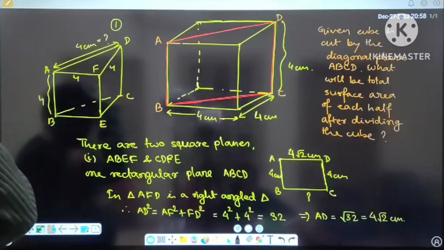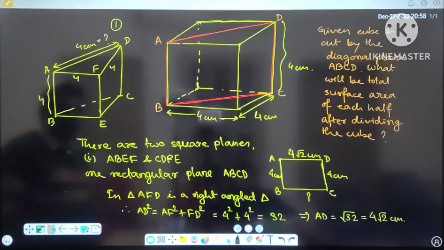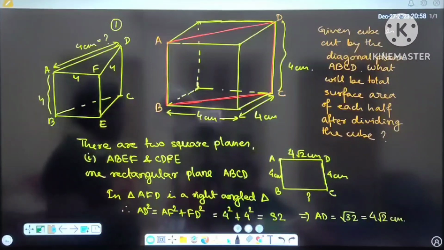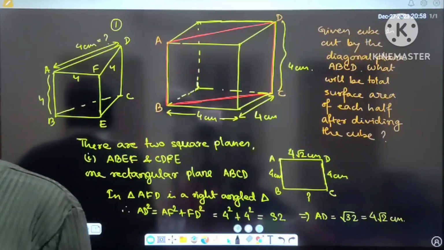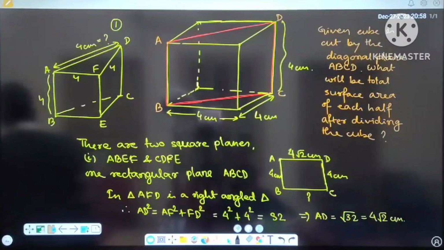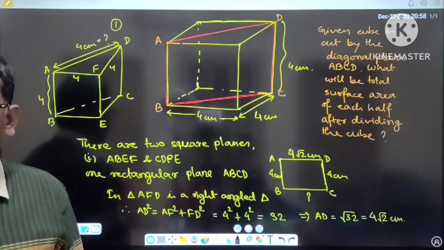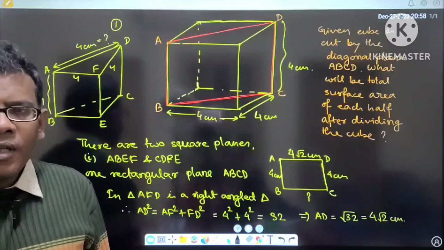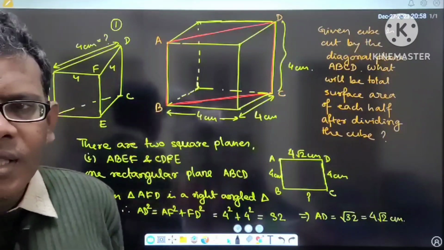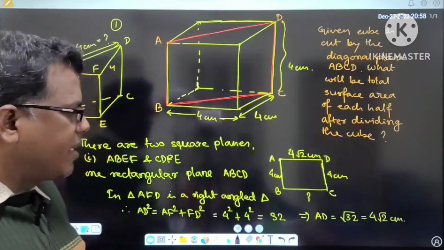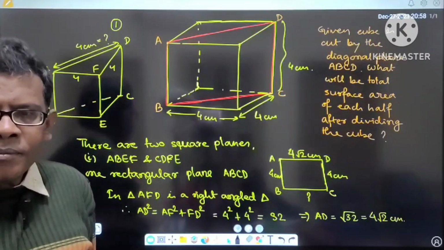Triangular planes are AFD and BEC, right? They are right angled triangles. AFD and BEC are right angled triangles. So you must be able to answer the area of a right angled triangle, isn't it?